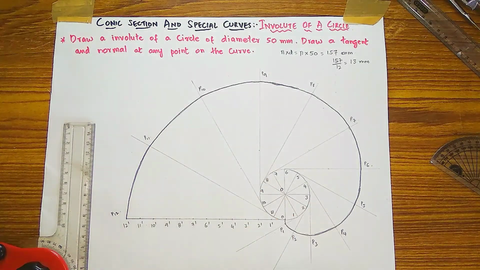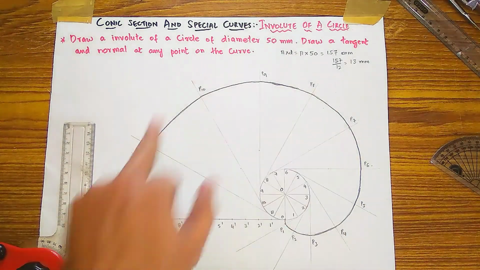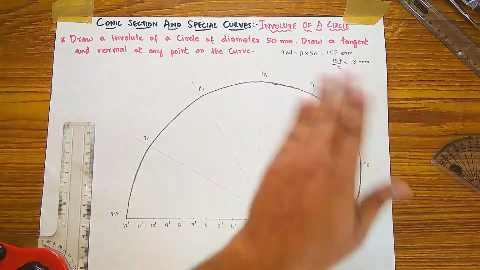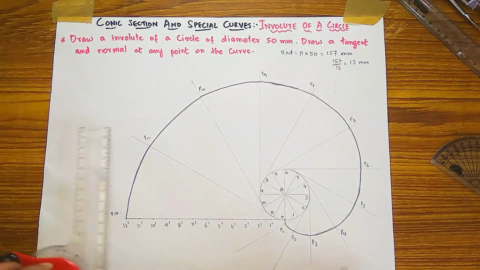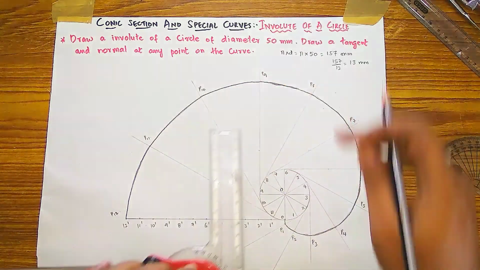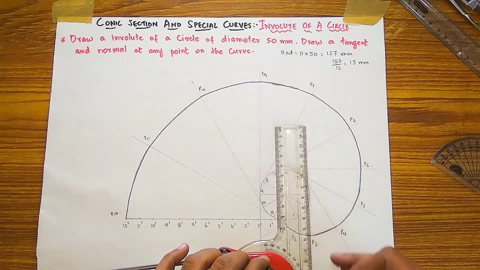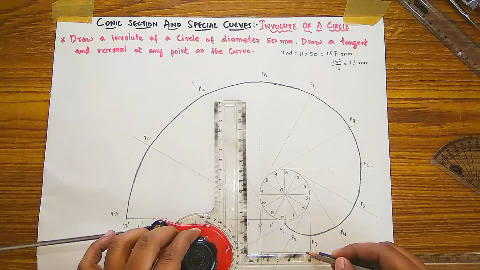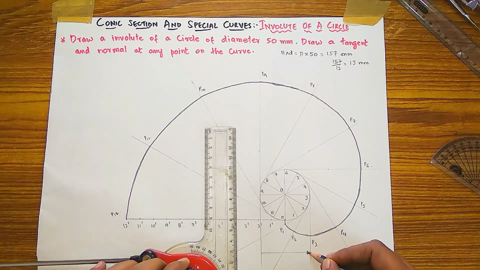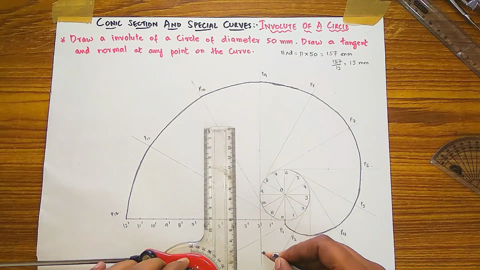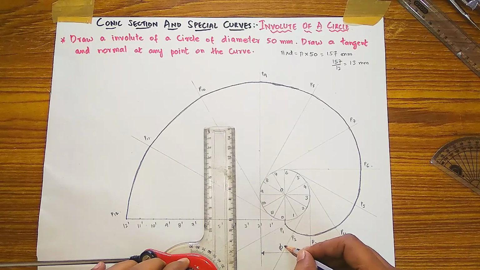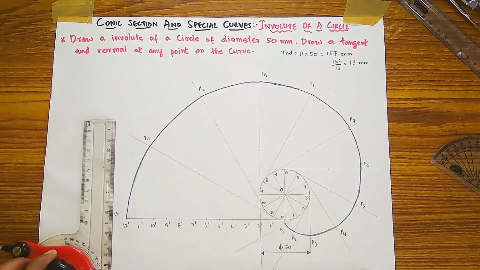This is the complete solution of the involute. You have constructed the involute of a circle. Then after, you have to show the dimensions of this circle as given in the question. This diameter is 50 mm. Take an extension line from here. Then draw a dimensioning line like this, put an arrow mark and the diameter symbol 50. You have shown the dimension also.